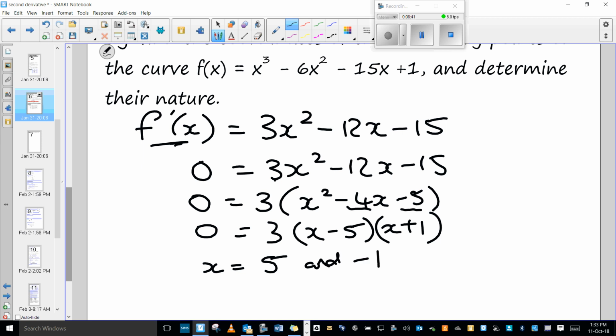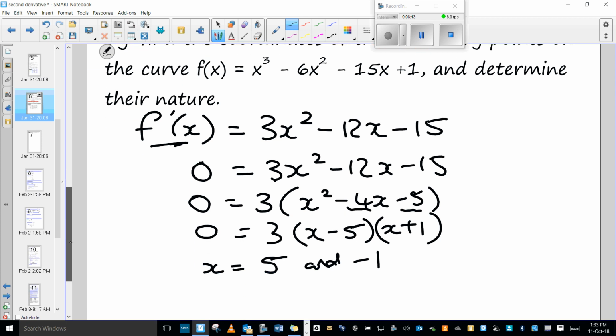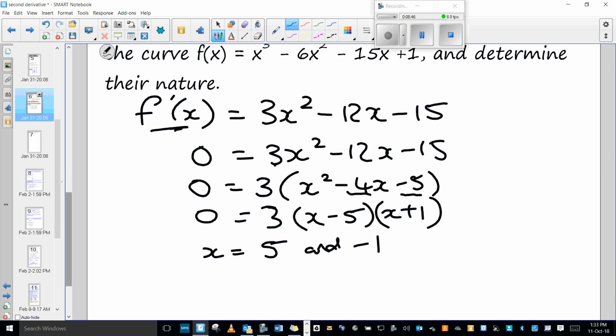Does the 3 matter? The 3 has no significance, because we have to remind ourselves why we factorise. We make it equal to 0 and factorise because now I've got things multiplying together. For that product to equal 0, one of those things has to be 0. That's the only way of getting an answer of 0 when you multiply. The 3 obviously cannot equal 0.